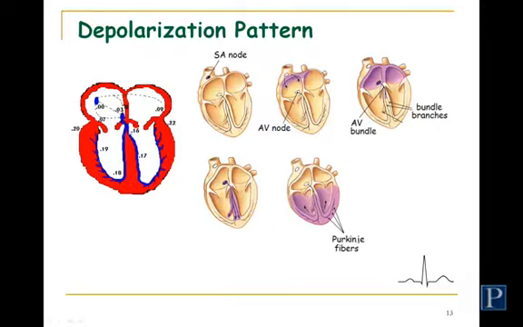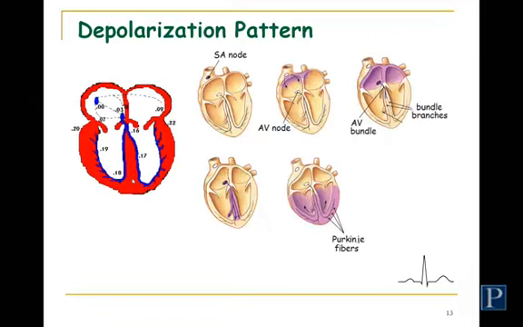Then you see the impulse making its way down through the bundle branches. Here's the right, here's the left. They move down towards the apex, up towards the base, and they terminate into those terminal Purkinje fibers. Now you'll notice that the septum depolarizes first. That's going to act as a prop for the remaining part of the ventricles to contract around it.